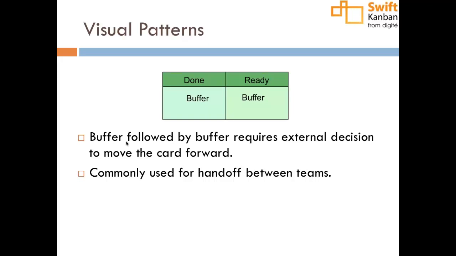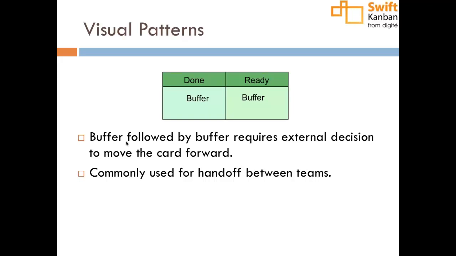The development team will keep doing its work and get done, and they put their cards in their out stack, which is the done column. But just because it is done doesn't mean that the QA is going to take it up. QA takes it up when they pull it into their workflow.